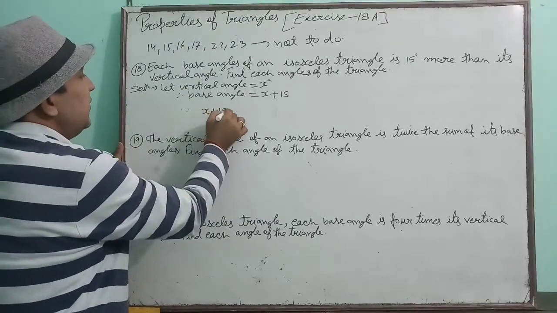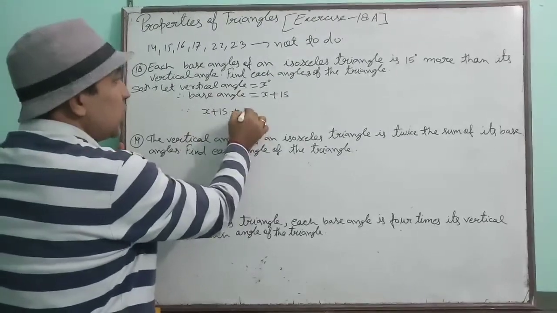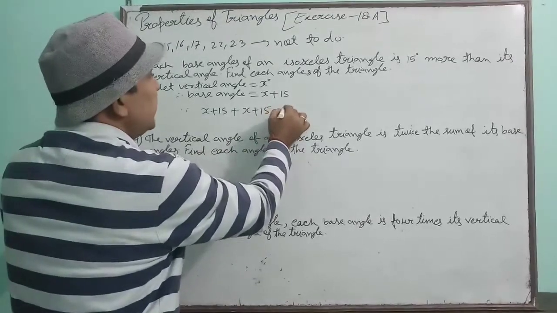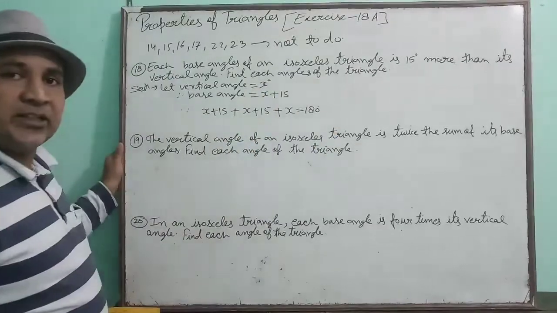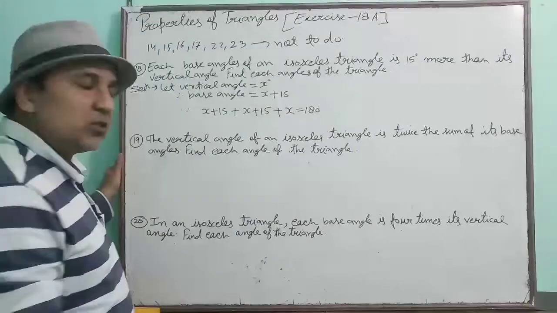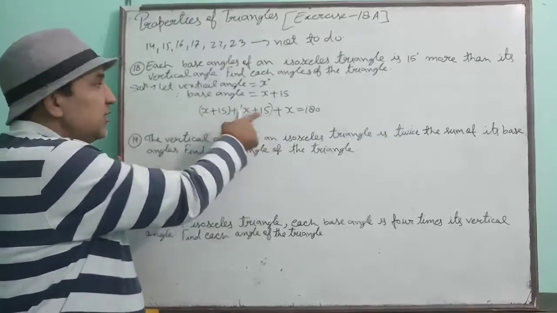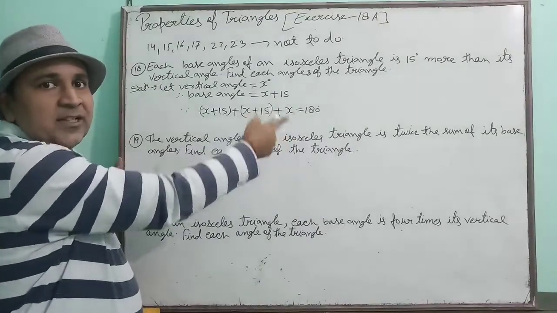First base angle x plus 15 plus one more base angle x plus 15 plus vertical angle x is equal to 180 degree. Because the sum of three angles is always equal to 180 degree. See, this is the first angle, this is the second angle, this is the third angle, and the sum is 180 degree.